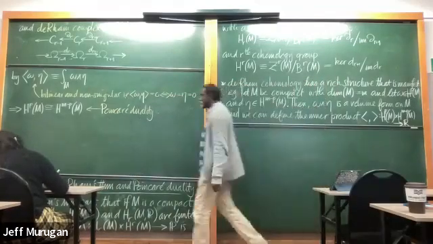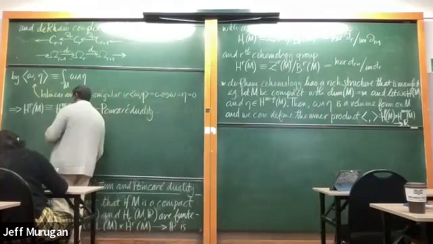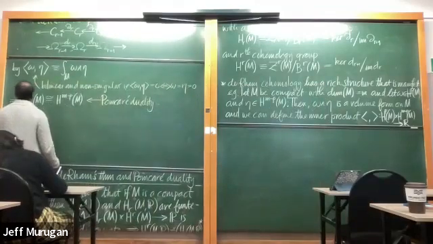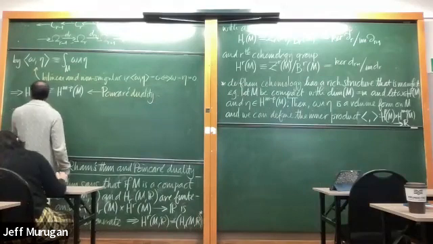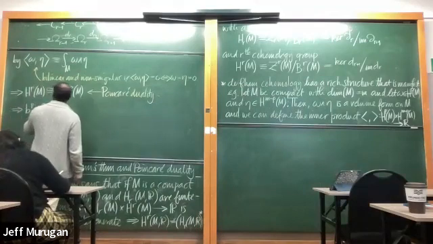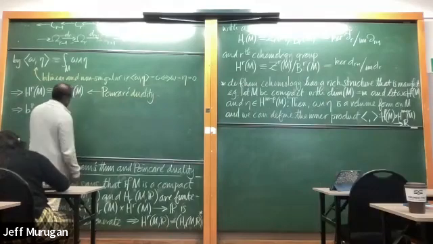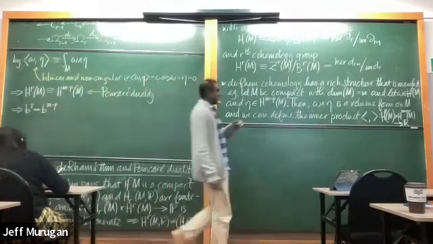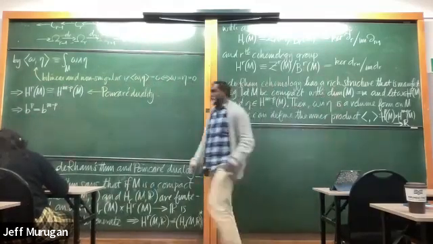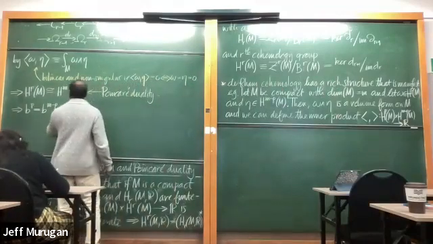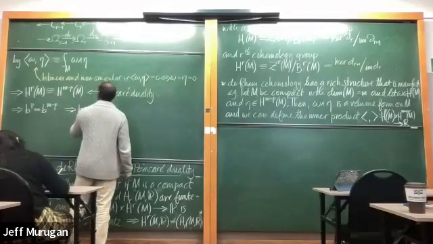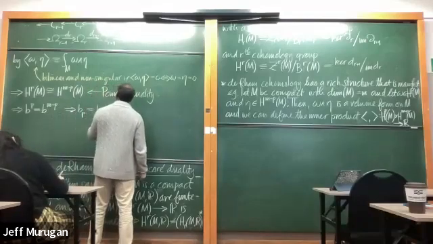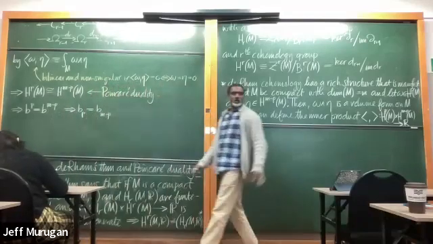And in particular, Poincaré duality implies that b_p is b_(m-p), the dimensions of these two spaces must be the same. And so the p-th Betti number and the (m-p)-th Betti number must be the same.